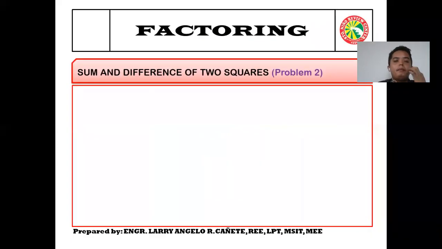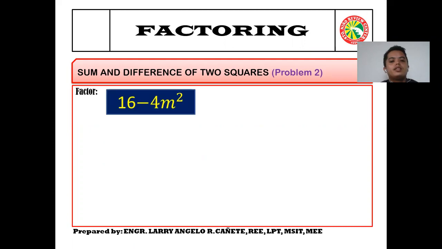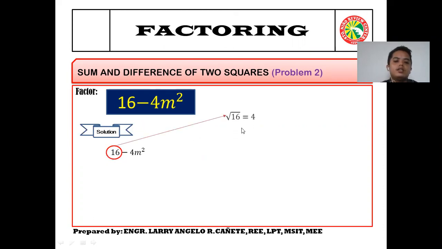So another example: 16 minus 4m squared. Check if this can be square rooted. For 16, what is the square root of 16? That is 4.